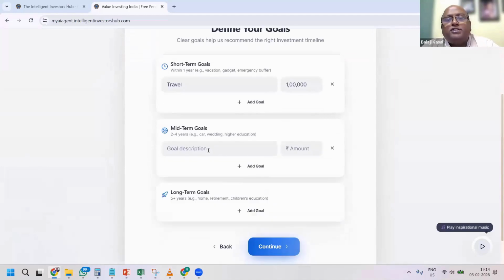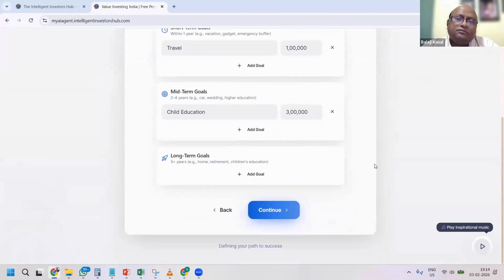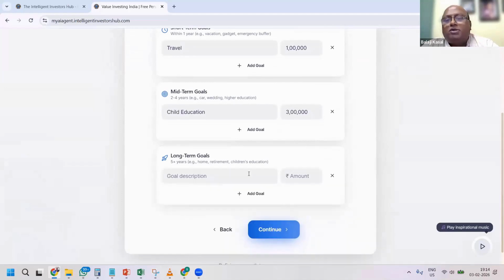Mid-term, maybe my child's education. Say I need maybe 3 lakh rupees, for example. Long-term goal, maybe the next 10, 15, 20 years.